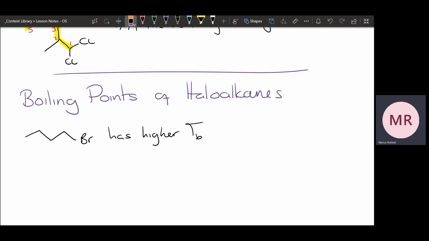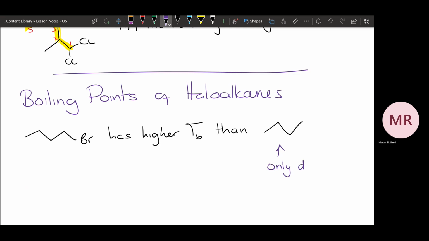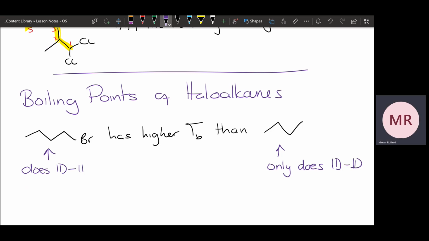And so there's two explanations for that. One is that this can only do ID-ID, whereas this does PD-PD as well, does ID-ID and PD-PD.